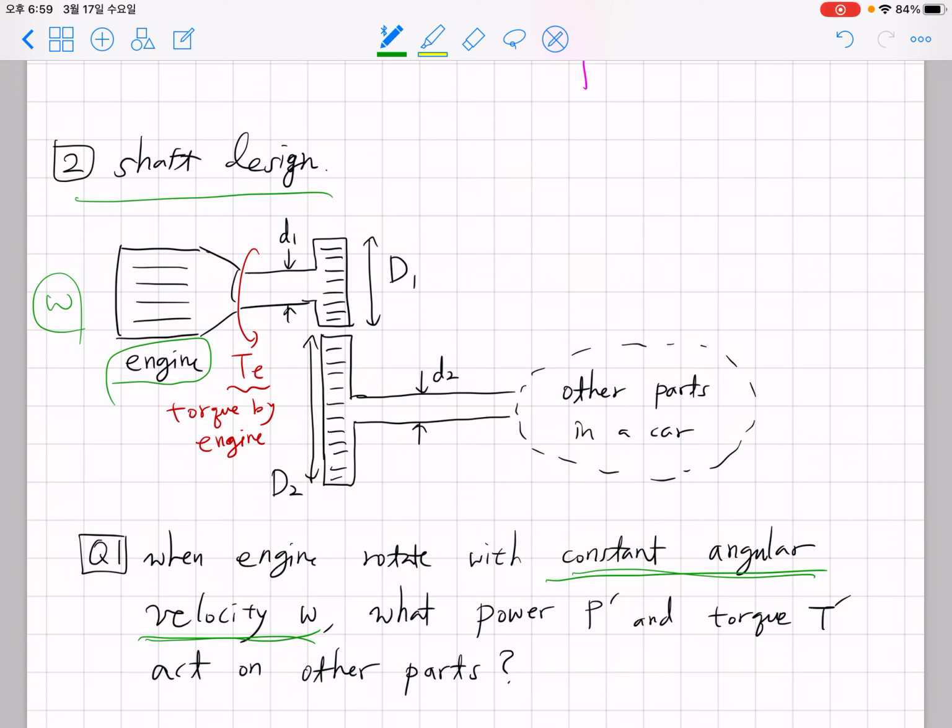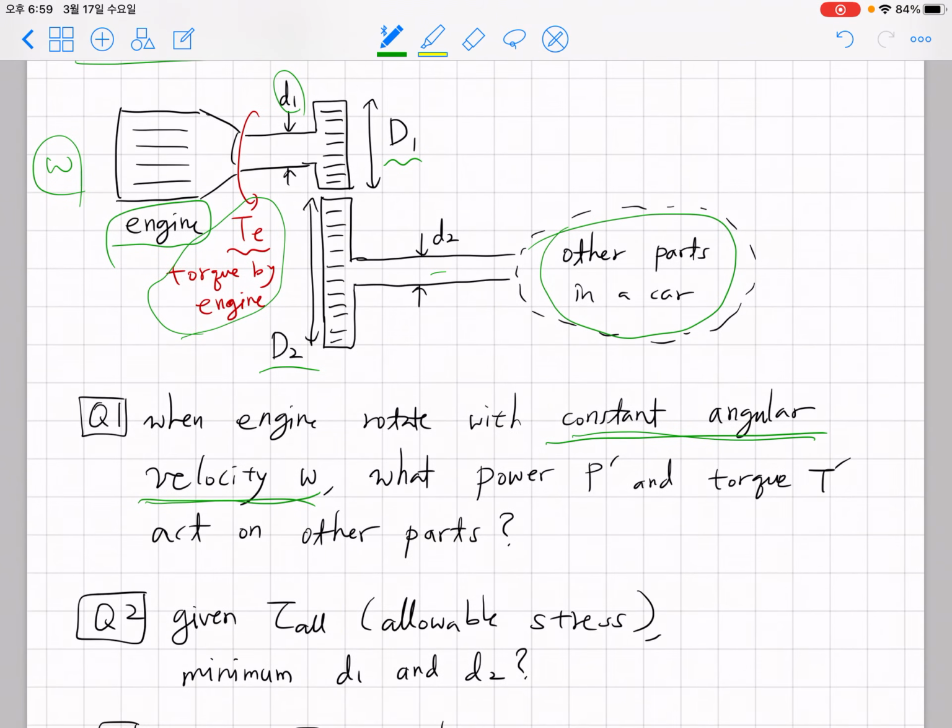And with this constant angular velocity omega, the engine is exerting torque Te to the transmission system, and the shaft has the diameter of d1, and there is a gear, and the gear has diameter of large D1, and it's connecting to another gear with large D2, and this system has a shaft of diameter d2, and it's transmitting power to the other parts of the car.